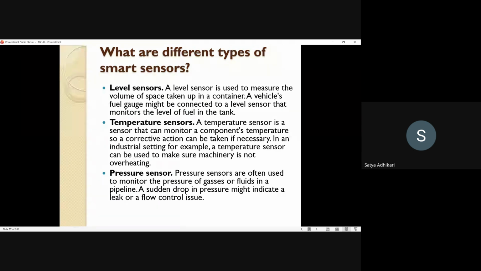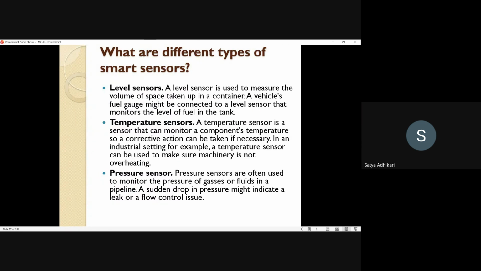Temperature sensor. A temperature sensor is a sensor that can monitor the component's temperature, so a corrective action can be taken if necessary. In an industrial setting, for example, a temperature sensor can be used to make sure a machine is not overheating.